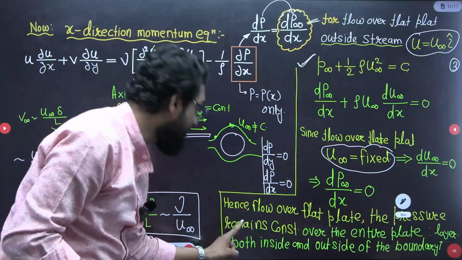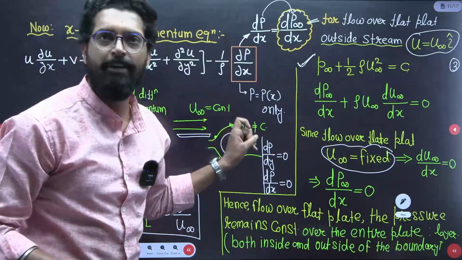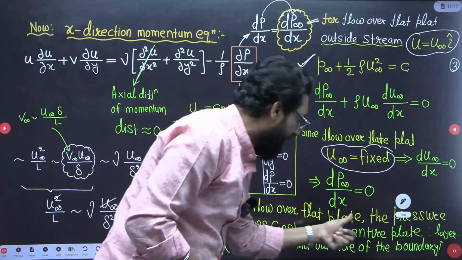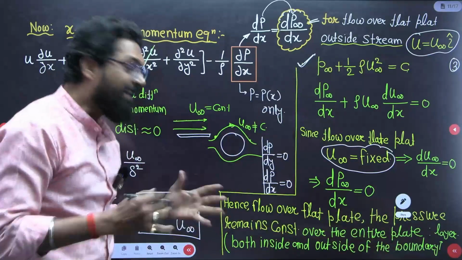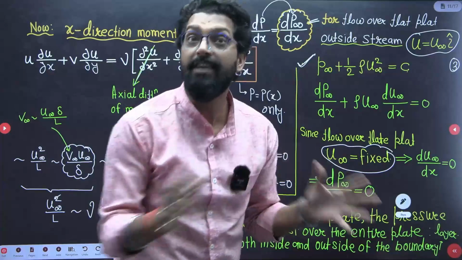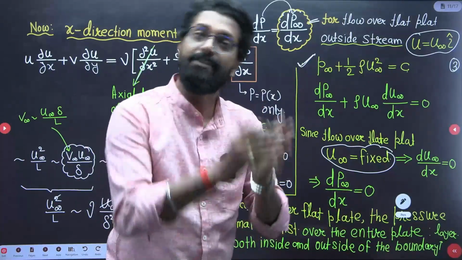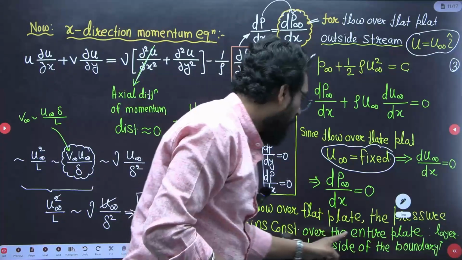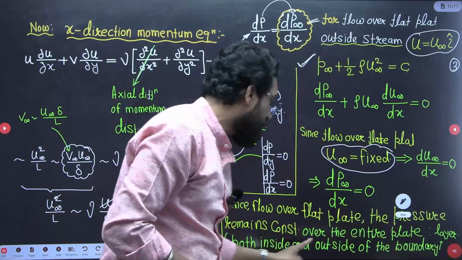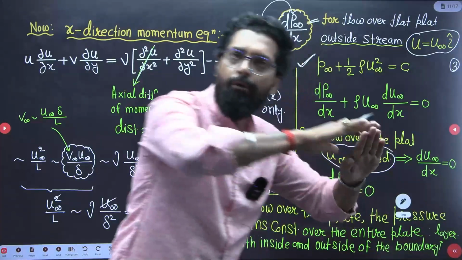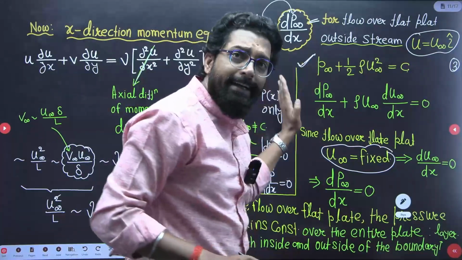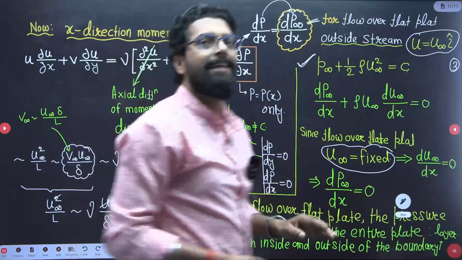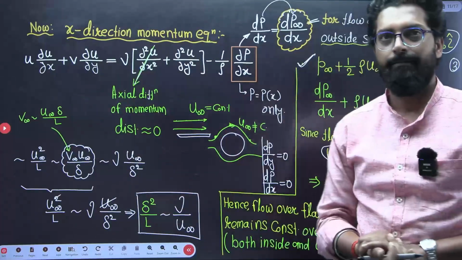Hence, this is very important, I am telling you: for flow over a flat plate, the pressure remains constant. It is not 0, pressure is constant over the entire plate, from leading edge to trailing edge, both inside and outside the boundary layer.